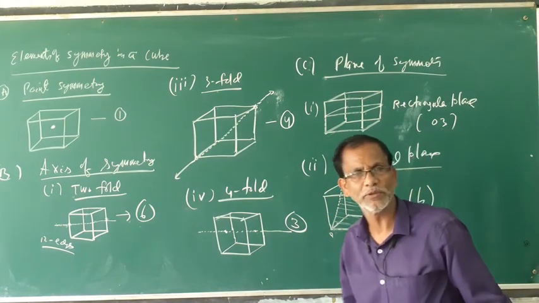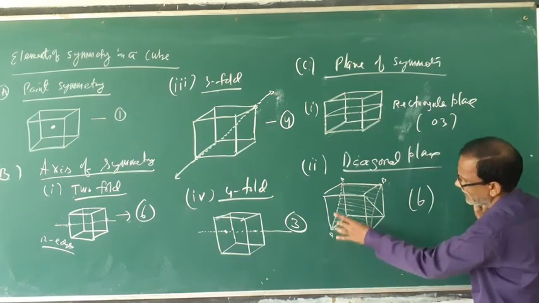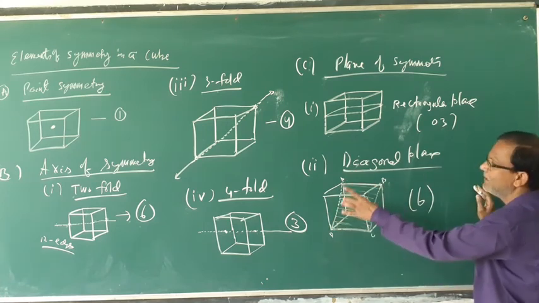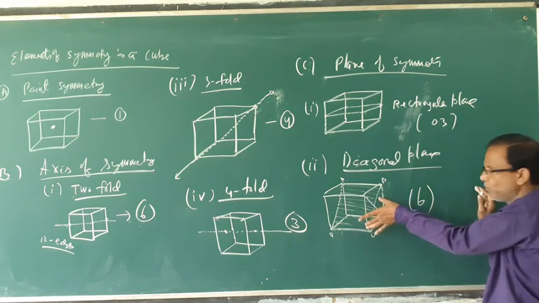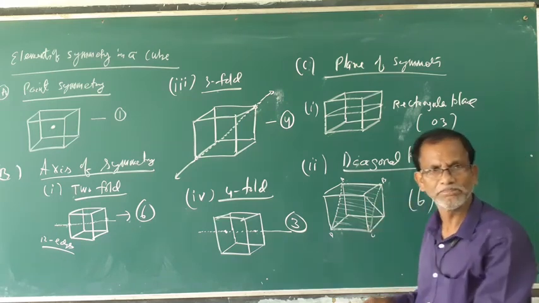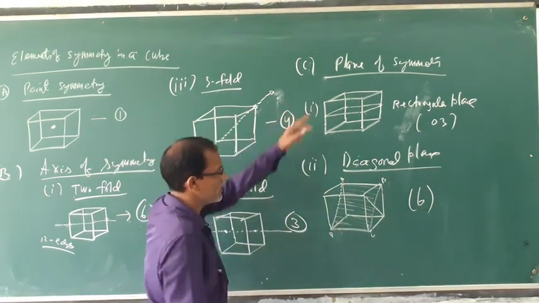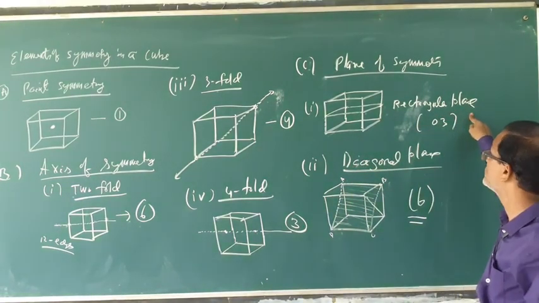6 planes are possible. Taking the opposite diagonal, this is 1, if you draw like this, it will be 6. So diagonal plane, 6 planes of symmetry. Rectangular plane, 3 planes of symmetry.